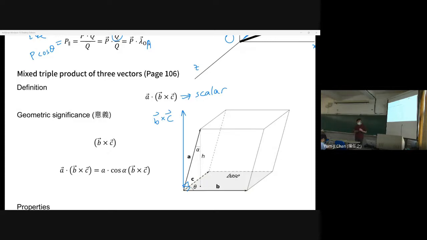Why are we doing this? Because this has a geometric significance.